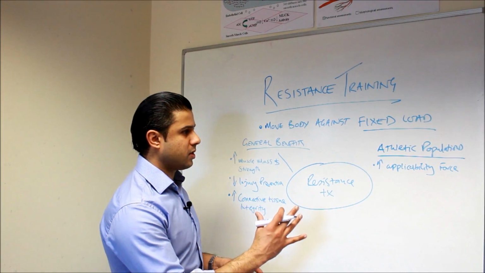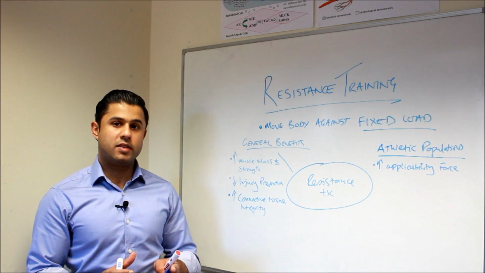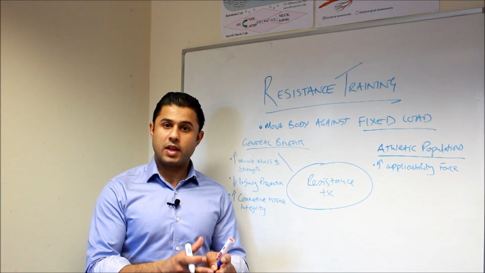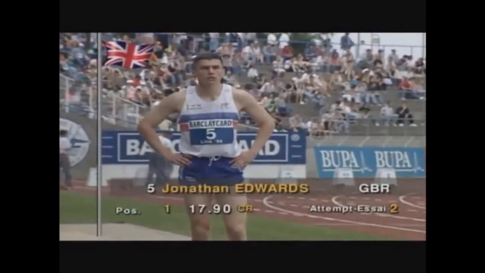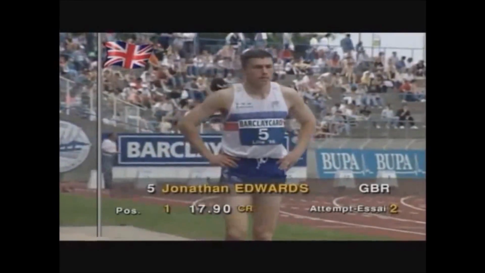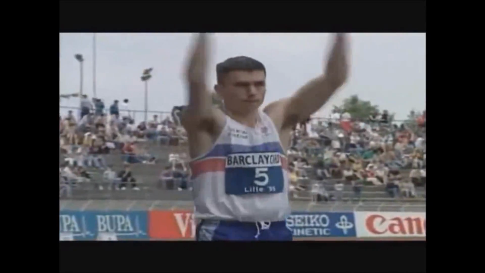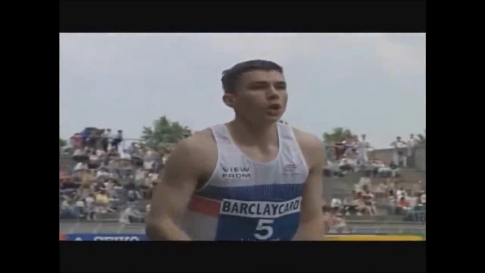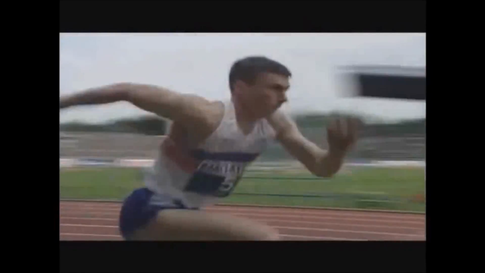So you have increased applicability of force, and an example of that is Jonathan Edwards in the 1995 World Athletics Championships in Germany. He performed the triple jump, and I think it was something along the lines of 18.43 meters, 60 feet, and that was a world record then and it's still the world record today in 2017.